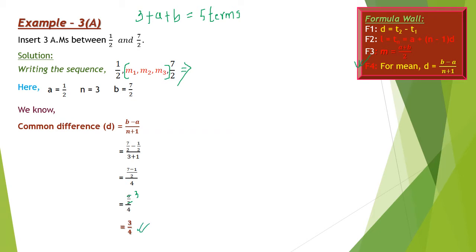Now as we know, our first mean m1 will be a plus d. We replace a as 1/2 and d as 3/4, and the sum will be 5/4. You can use your calculator. And now m2, the second mean: the formula is a plus 2d.